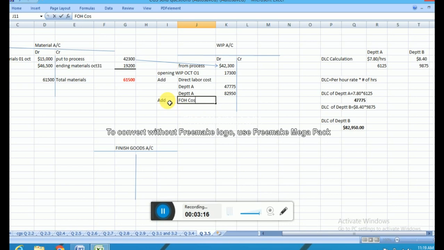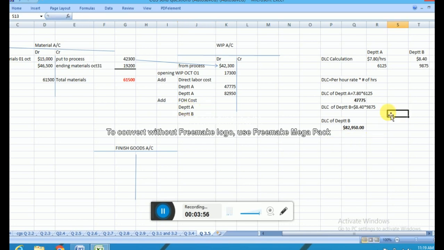Here there are also two departments, department A and department B, so for each department we will find the separate factory overhead cost.